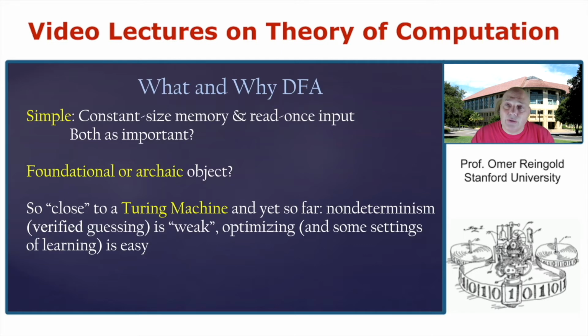We'll be able to introduce non-determinism, verified guessing, and it will be very weak in this sense. And similarly, we'll be able to show that you can optimize DFAs. You can compute the best DFA, the smallest DFA for any particular language. So these are things that you can do with the DFA that you cannot do with general Turing machines.